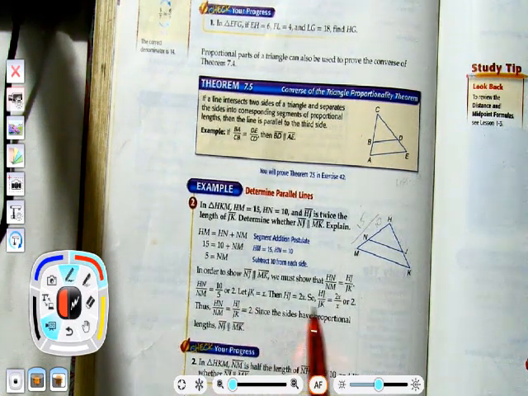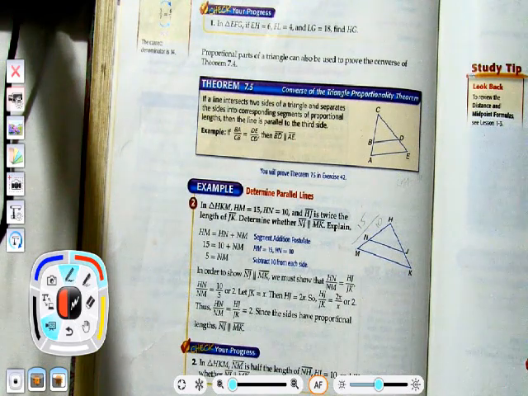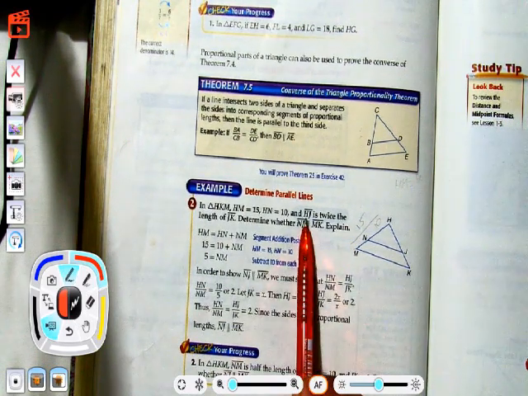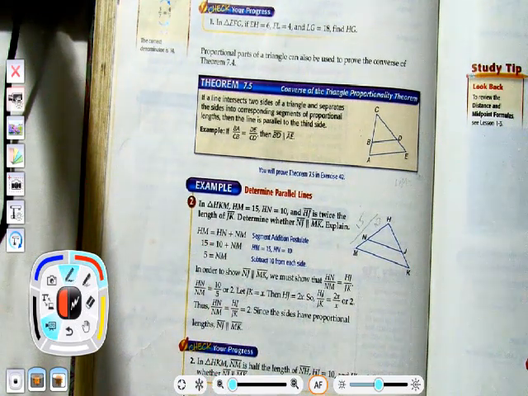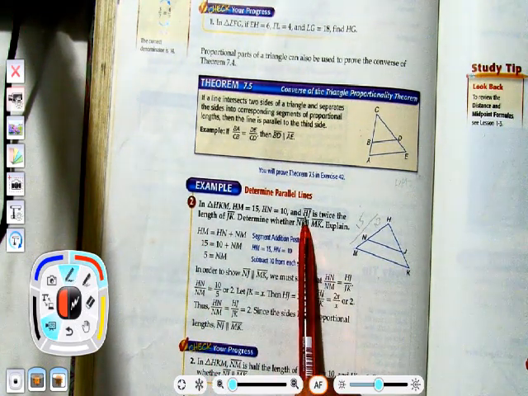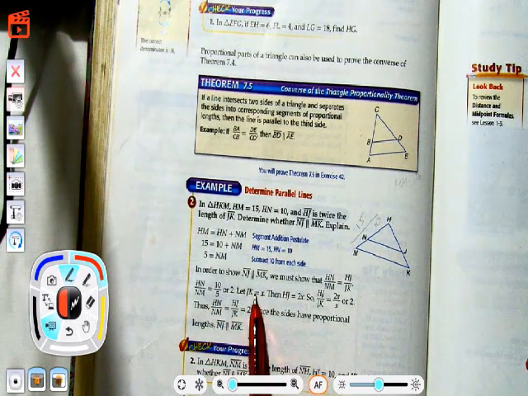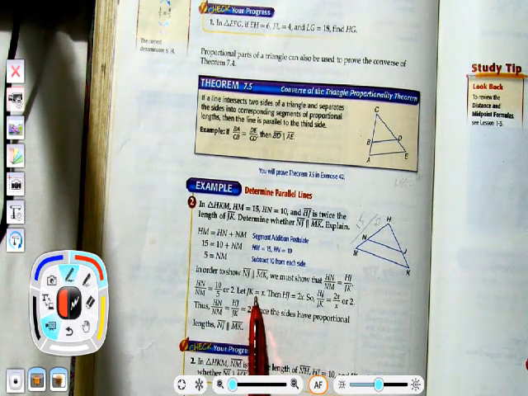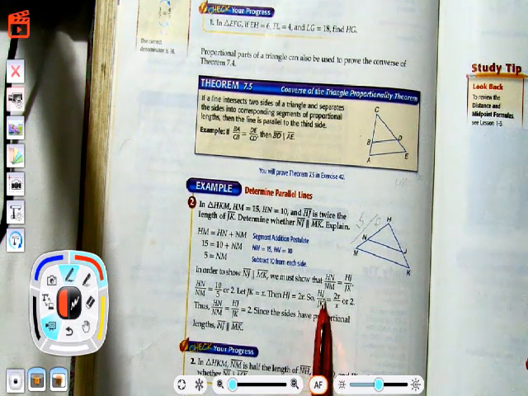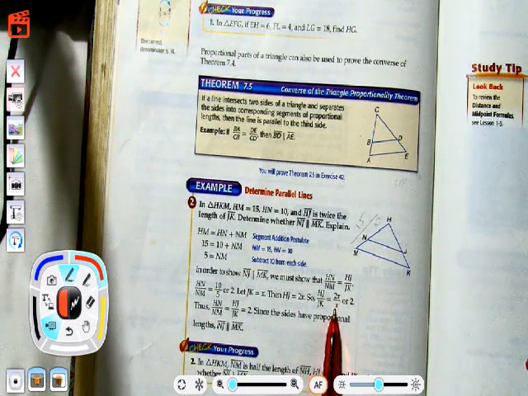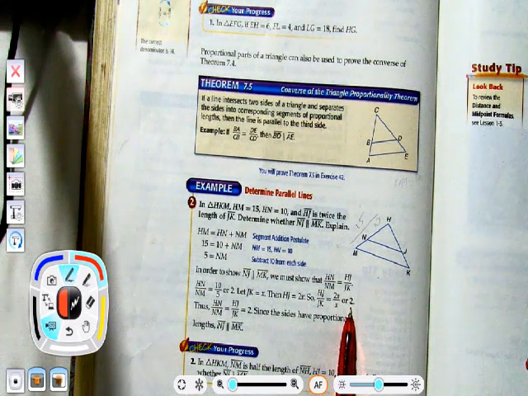Now for the other side, we're not given a number, but we're given a description that HJ is twice the length of JK. So HJ is given with respect to JK, so we let JK be X. Therefore HJ is 2X. So HJ over JK is 2X over X, and so it's also 2.